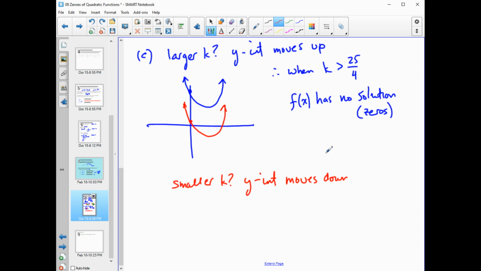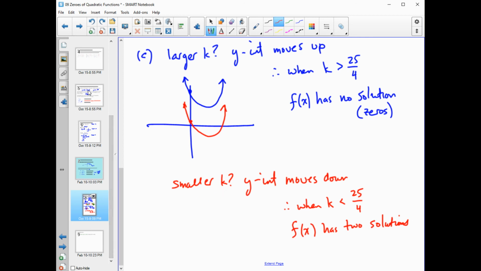And now I end up with this. It quite obviously has 2 solutions. So our concluding statement there would be when k is less than 25/4, f of x has 2 solutions. And that's it for our example.